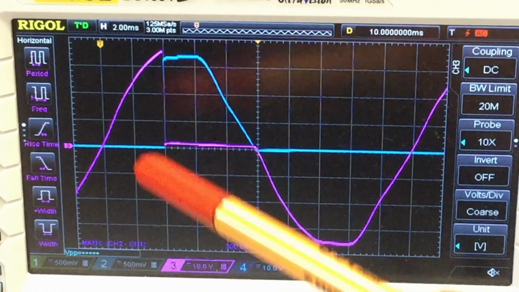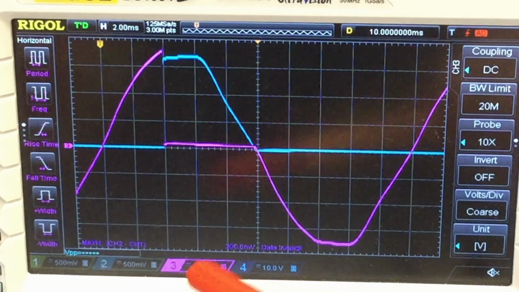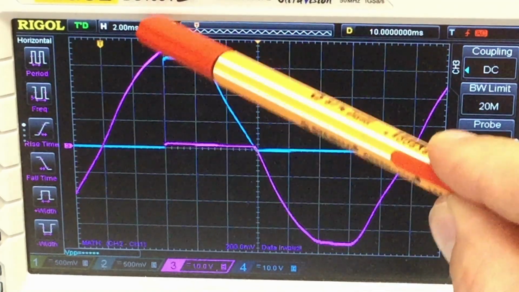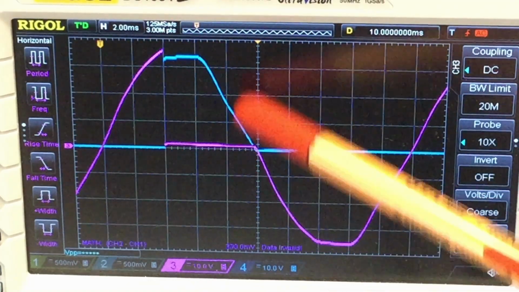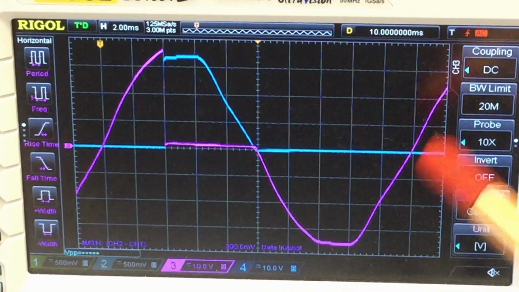And that's the reason that with the same resistor value, I'm doing nothing to my pot here at the moment, I'm able to trigger in the positive half wave, but nothing happens in the negative half wave.